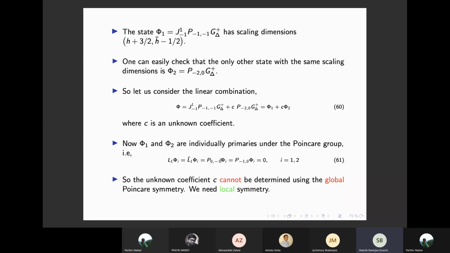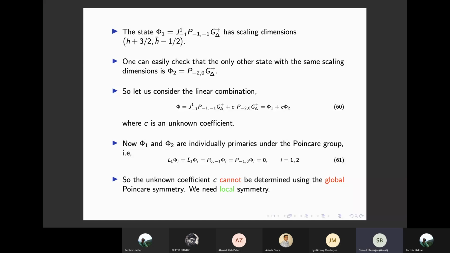They both kill these states phi I, where I is equal to 1 and 2. So that means that this phi is a primary under the Poincare group. So you can't get C if you just focus on the Poincare group.